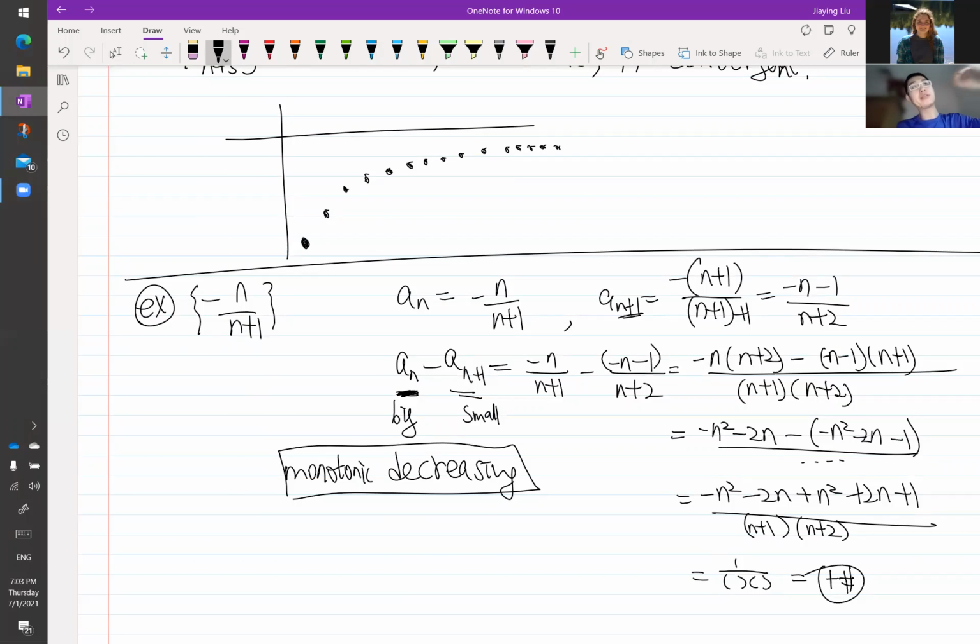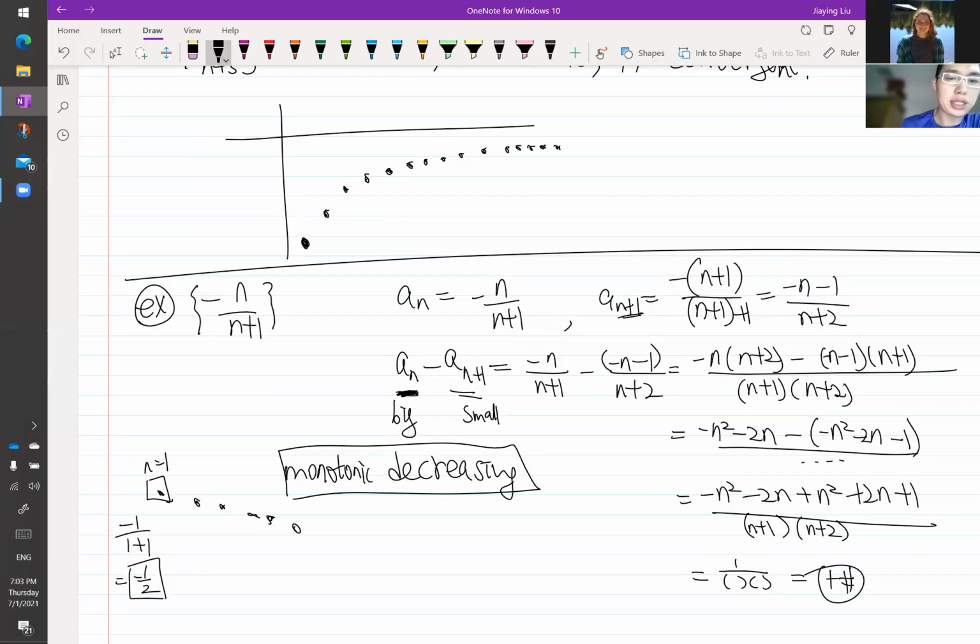So the biggest value is given by the first element, and the smallest value is given by the last element as n goes to infinity. So the first element, n equals 1, will give me the biggest value. That's negative 1 over 1 plus 1, so that's a negative 1/2 again.